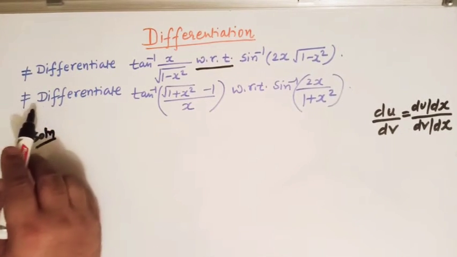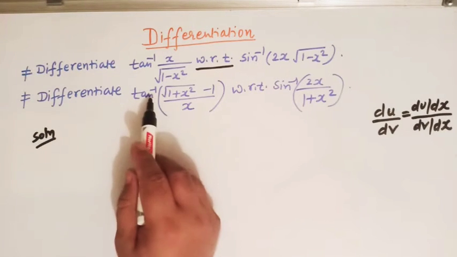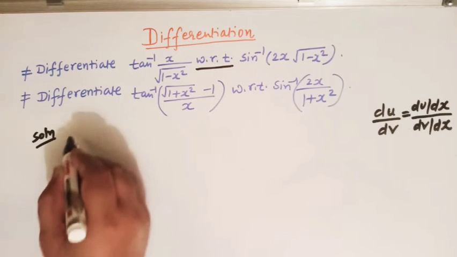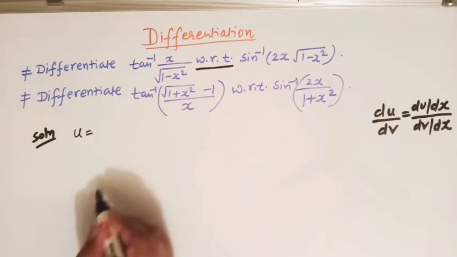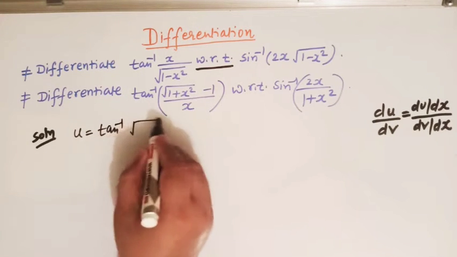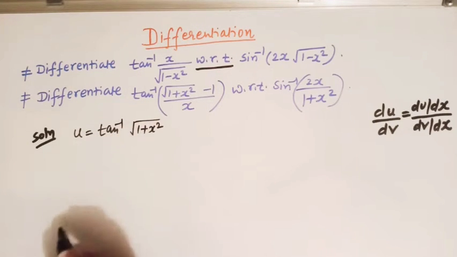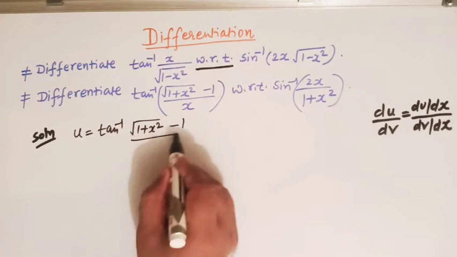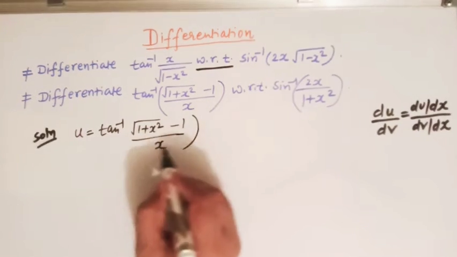Now viewers, here we have to differentiate this function with respect to this function. So again, what we will do, we'll take u is equal to tan inverse of this function, that is square root of 1 plus x square minus 1 divided by x, right?